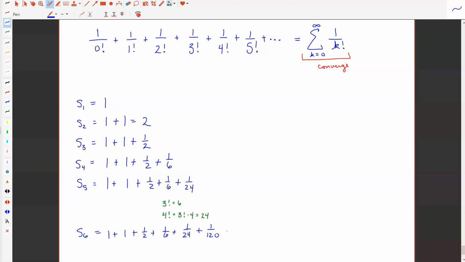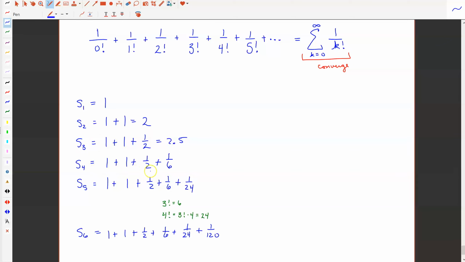Let's go ahead and get the decimal equivalents of some of these partial sums that I haven't actually summed. So the third partial sum would be equal to 2.5.